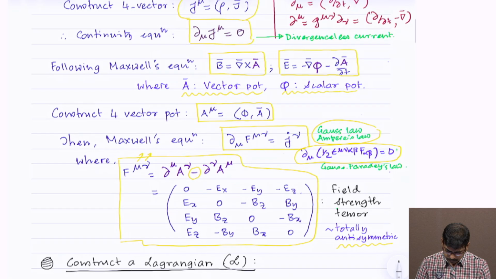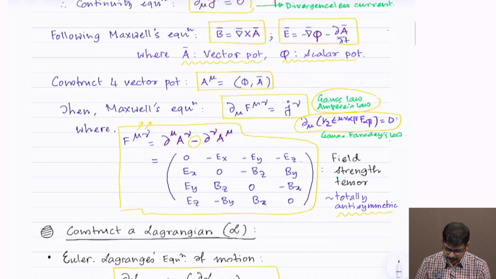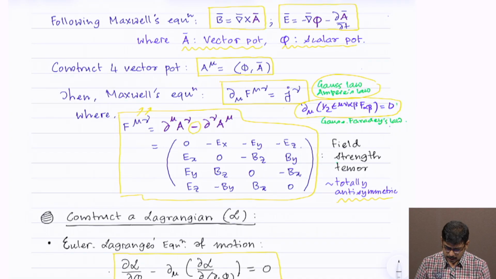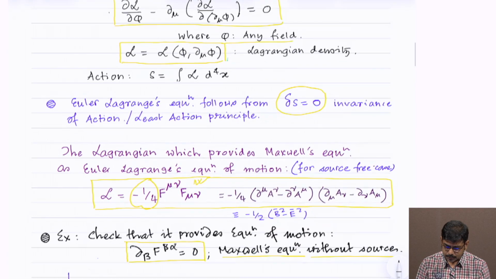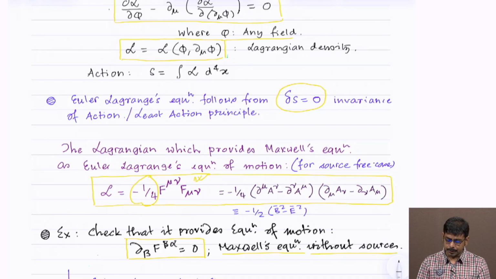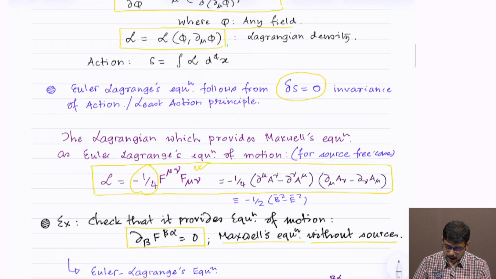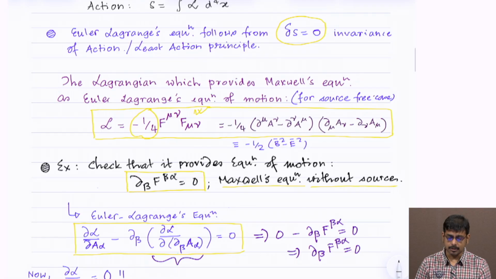And with this we could actually find a Lagrangian which is defined in terms of minus 1 by 4 F mu nu F mu nu, and we could then do the Euler-Lagrange equation, like del L del A alpha minus del beta of del L over del of del beta A alpha equal to 0, we could actually show that it brings you back to the Maxwell's equation, which is like del beta F beta alpha equal to 0.